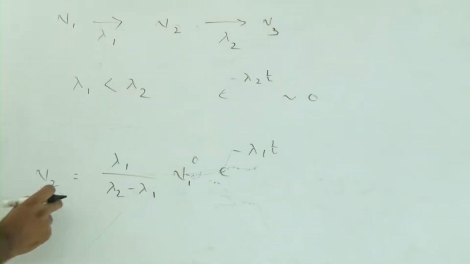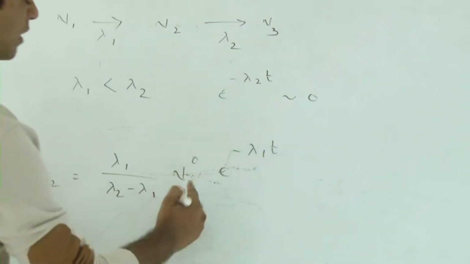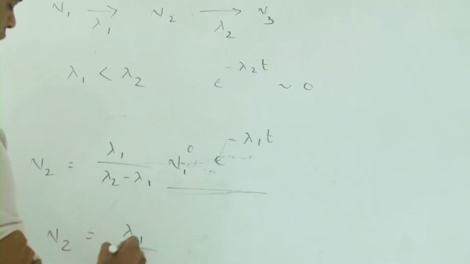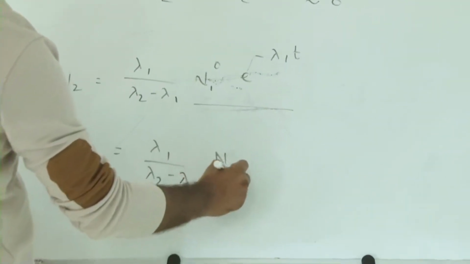So, you will end up with N2 is equal to lambda 1 divided by lambda 2 minus lambda 1 N1 0 e to the power minus lambda 1 T. Now, this is the expression for N1. So, we can write N2 at any point of time as lambda 1 divided by lambda 2 minus lambda 1 times N1.